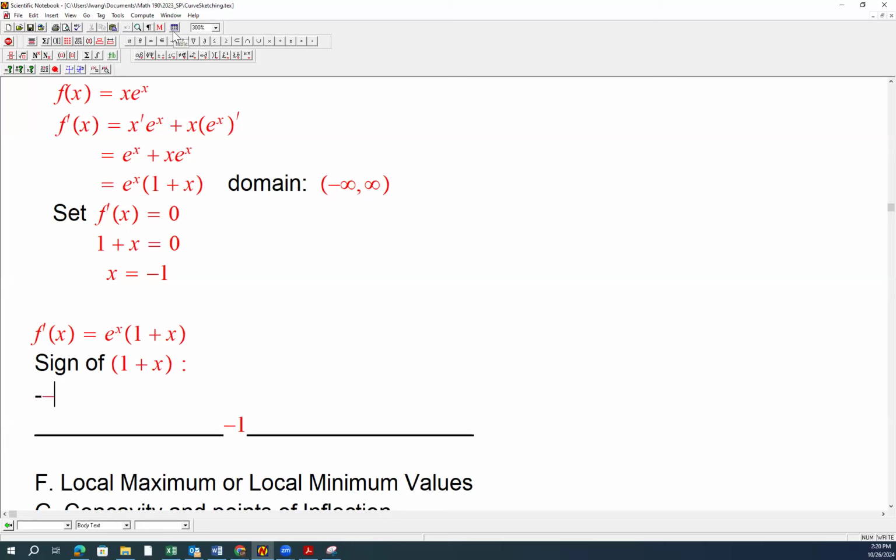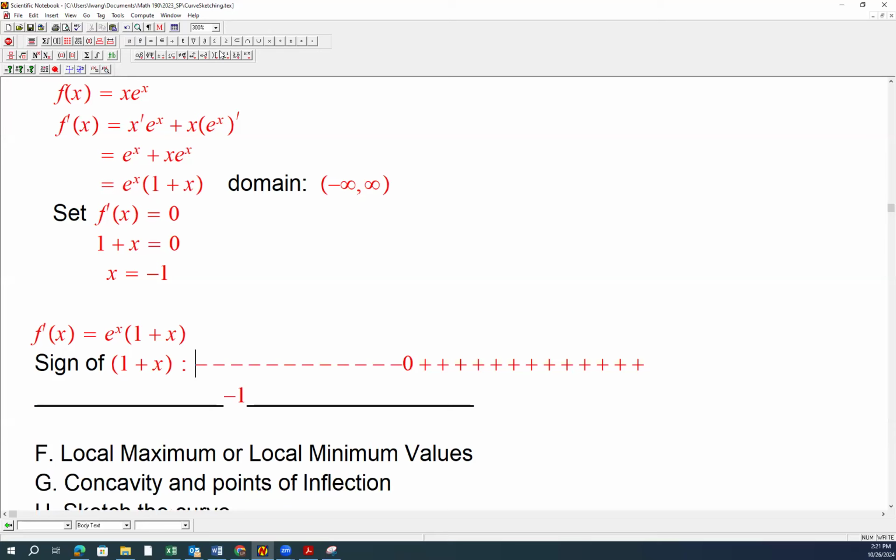At -1 it is 0. After -1, when x is larger than -1, it's going to be positive. You can see the derivative changes sign.